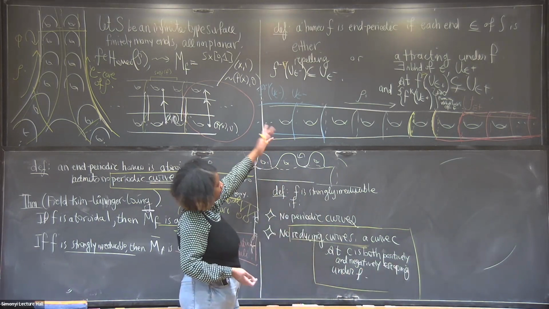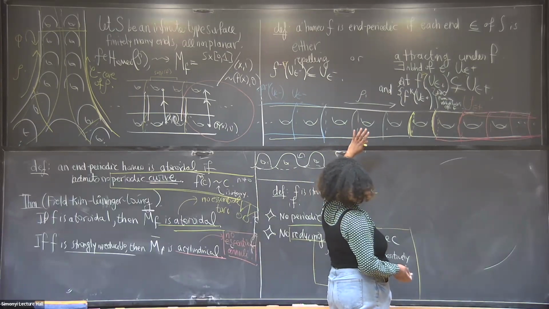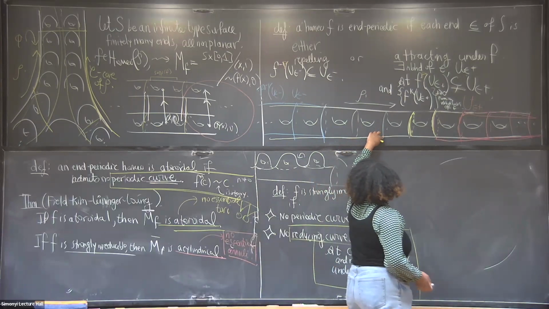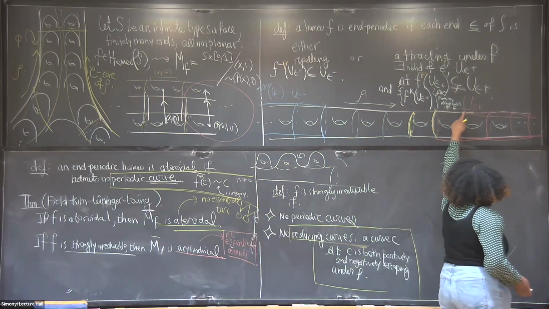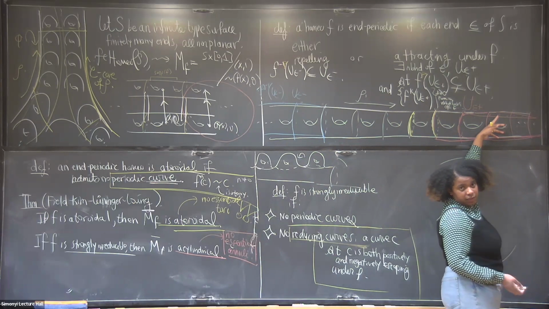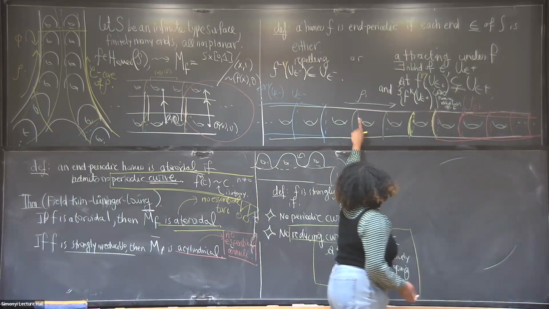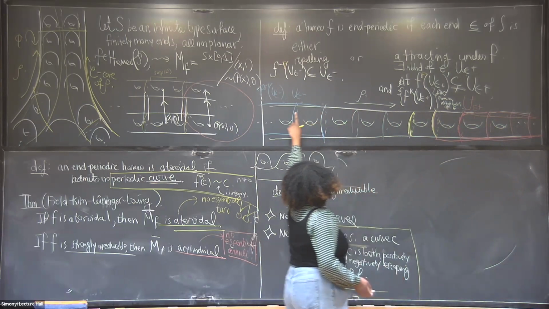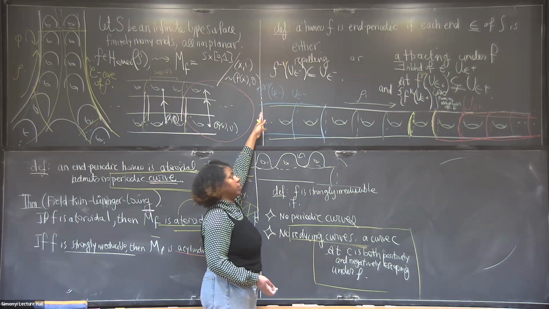This curve has some power. If I apply some power of F, it's contained inside one of these escaping neighborhoods. That's what it means to be positively escaping. If I apply some negative powers of F, now it lives in a negative escaping neighborhood, so I call it negative escaping.